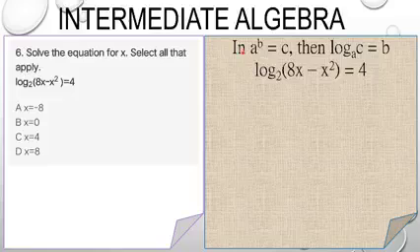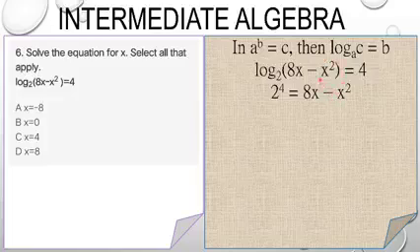Our a becomes the base, so in our logarithmic, our a is 2, and in exponential this is still our a, which is 2. The exponent in the exponential term is the b of the logarithmic. And the 8x minus x squared of the logarithmic becomes the c of our exponential.